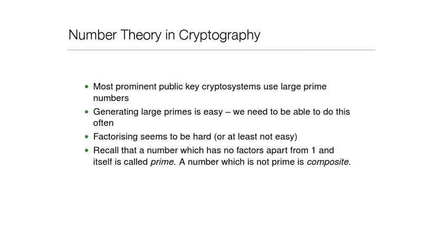Prime numbers play a very prominent role in public key cryptography. Generating large primes is easy, and we need to be able to do this often. So we have to generate or choose large prime numbers, and we play tricks with them. That's how we do public key encryption and other operations.